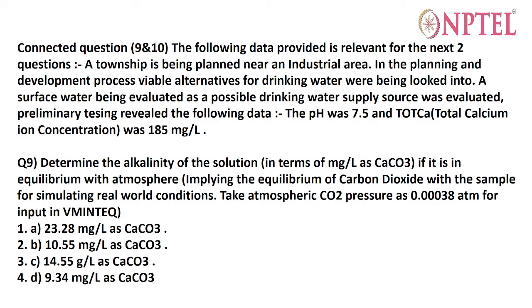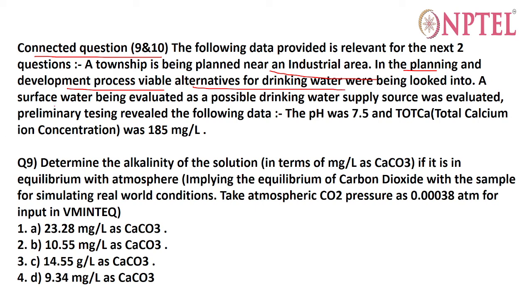So I'll go to the next question. Now the connected question, same data type question for questions 9 and 10. A township is being planned near that industrial area, and in the planning and development process, it is visible that we need to go for some alternative drinking water, right?